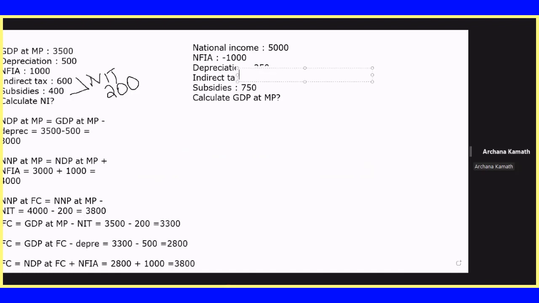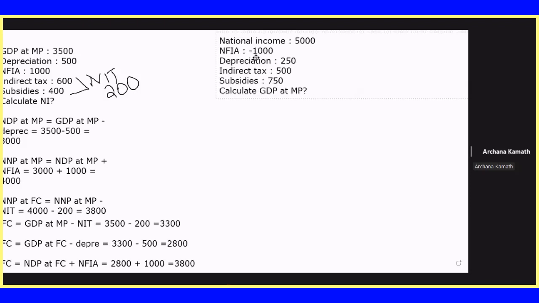Those who have finished the first question, try doing the second one.